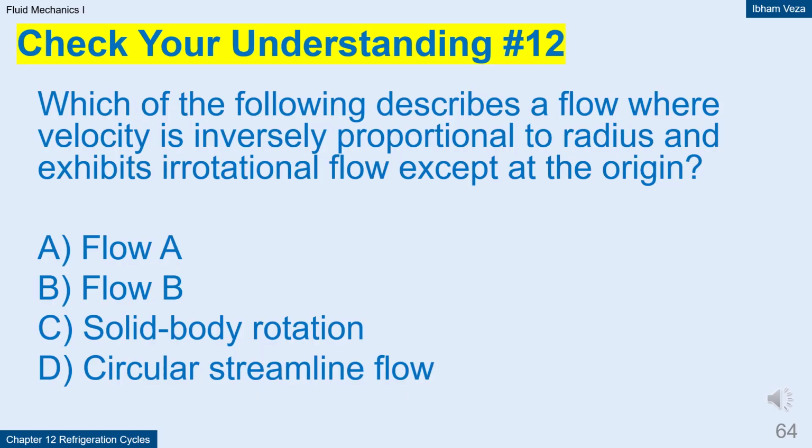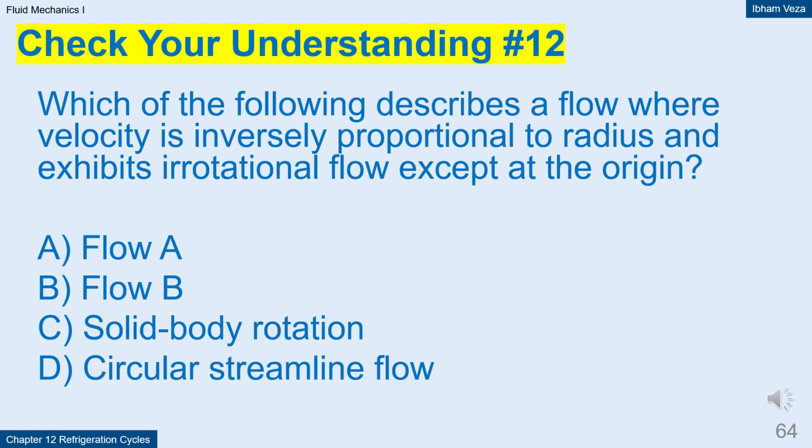Check your understanding. 12. Which of the following describes a flow where velocity is inversely proportional to radius and exhibits irrotational flow except at the origin? Answer: B. Flow B. Explanation: A. Flow A. This is incorrect because flow A represents solid body rotation, where the tangential velocity increases with the radius, not inversely proportional.